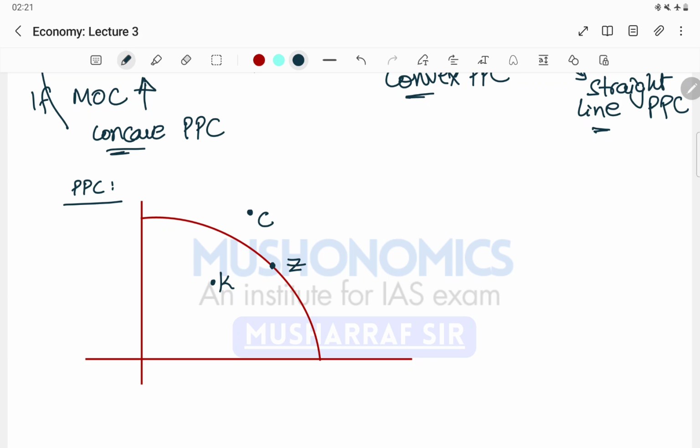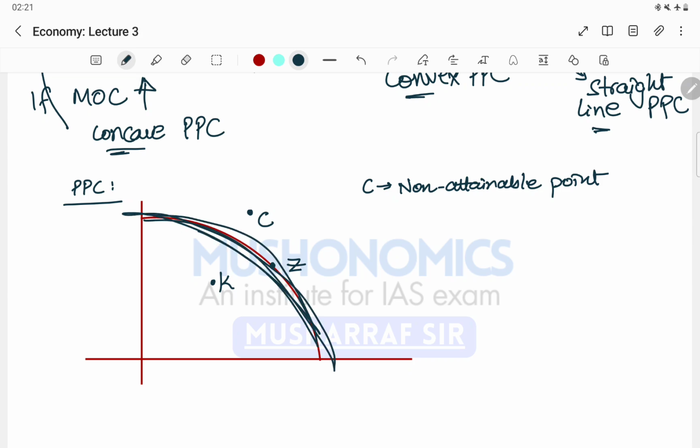Then what do we mean by these points? So point C is a non-attainable point. Why non-attainable? Because it is outside the PPC. We can produce only the commodities which are on the PPC, the maximum possible, right?